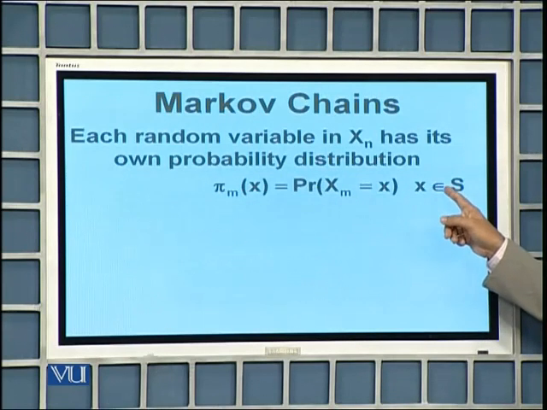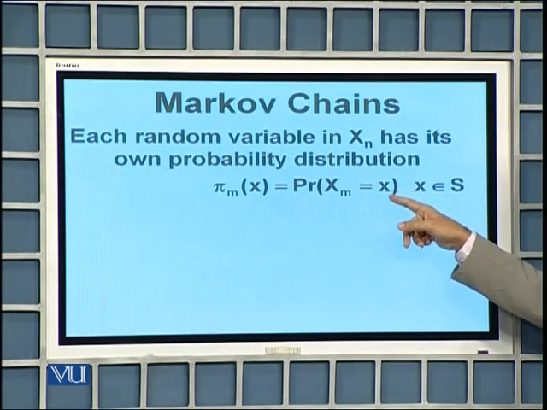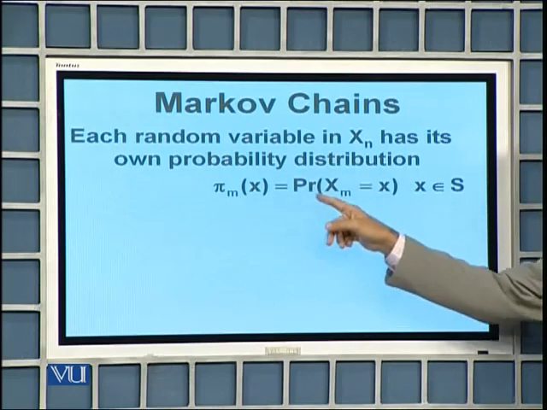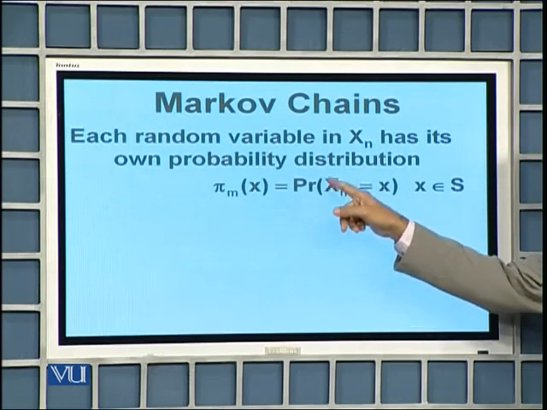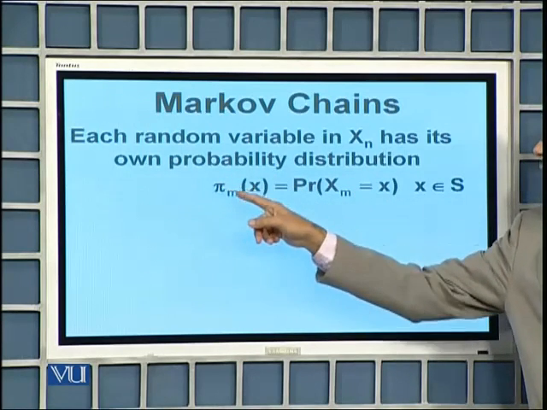Remember, x must belong to the state space. State space in the case of that device which fails is 0, 1, 2. In the case of a person who performs Hajj, it varied from 4 states to 8 states to 10 states. So the value that we talk about must belong to the state space, and the probability of a certain event involving only one random variable with index m is represented by pi of m for value x.